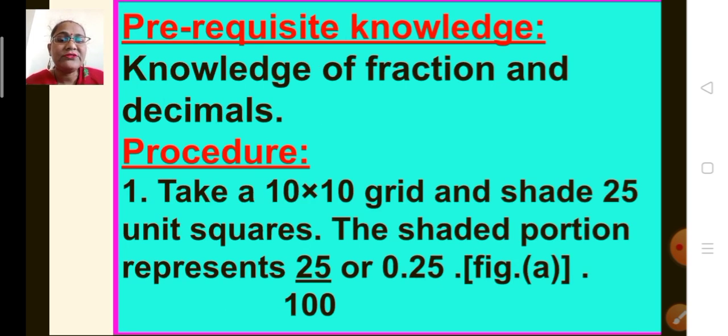Then you will write prerequisite knowledge: that we require to do this activity is knowledge of fractions and decimals. Then you will write the procedure. In that, the first step is to take a 10 by 10 grid and shade 25 unit squares. The shaded portion represents 25 upon 100 or 0.25, which is shown in figure A.